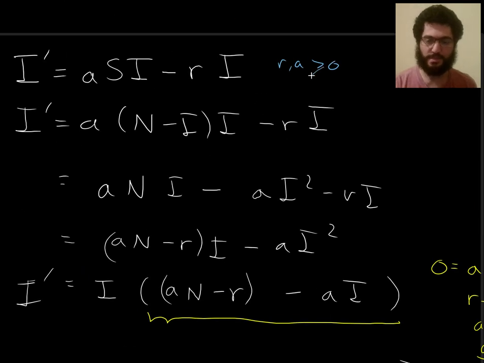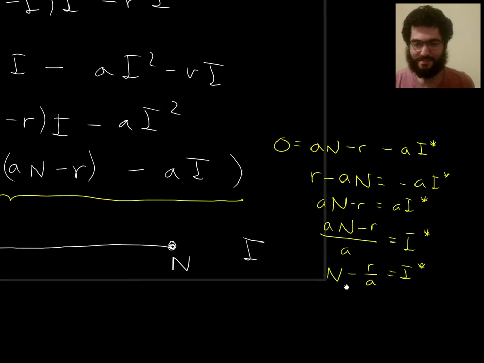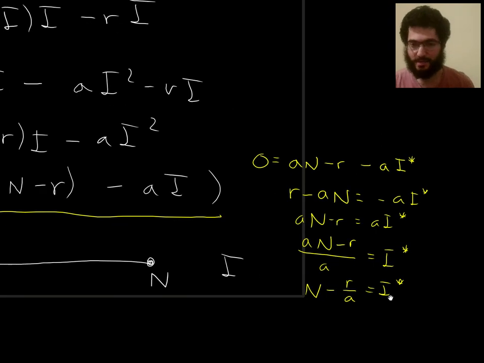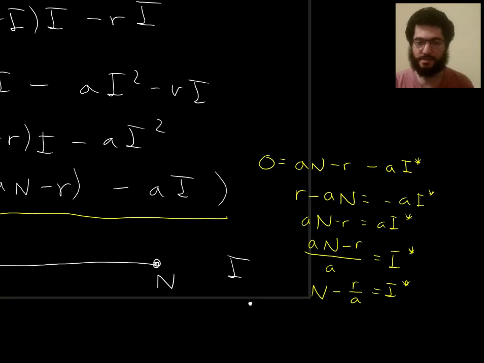Maybe you could set r equal to 0 if you want to turn off one of the effects. Well, you shouldn't set a to 0 because then this wouldn't make sense. Anyway, that makes it clear that this critical point is less than N. It's N minus a positive thing.